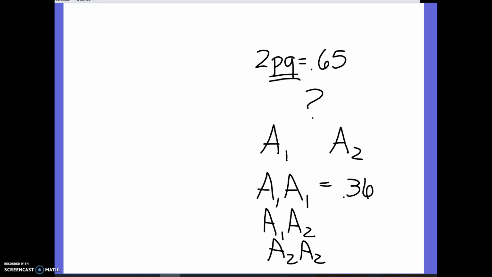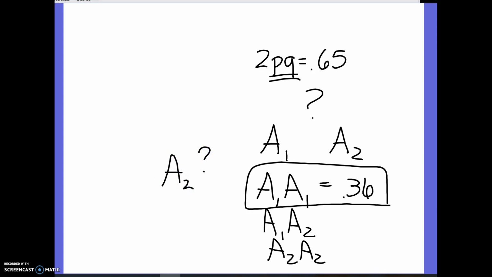I've had people say, oh, but how do I know whether this is P squared or Q squared? And the fact of the matter is, in a case like this, it doesn't matter. If they're giving you one, you can get the other one, and it really just depends what they're asking for. So if they're wanting the frequency of A2, for example, you could make A1 P and A2 Q. You could do it the other way around. It absolutely makes no difference.